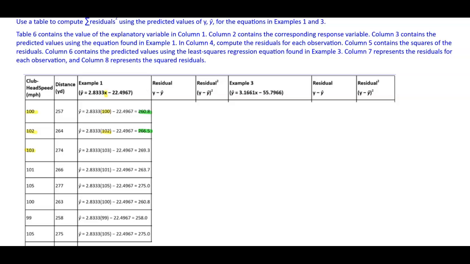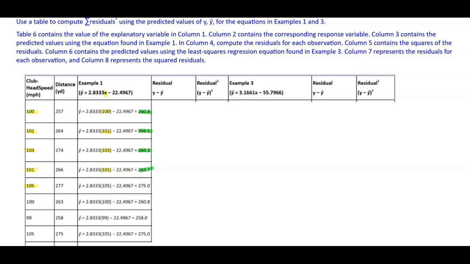We plug that into our equation, 2.8333 times 103 minus the y-intercept, which gives us 269.3 as a predicted value. Next, we're going to substitute 101 into the equation. Now 101 is the value of x. Plug it into the equation, and we get a predicted value of 263.7.